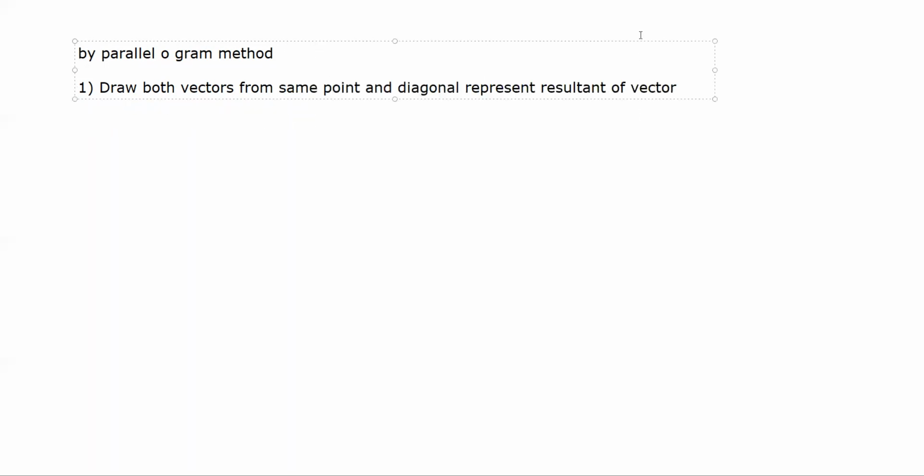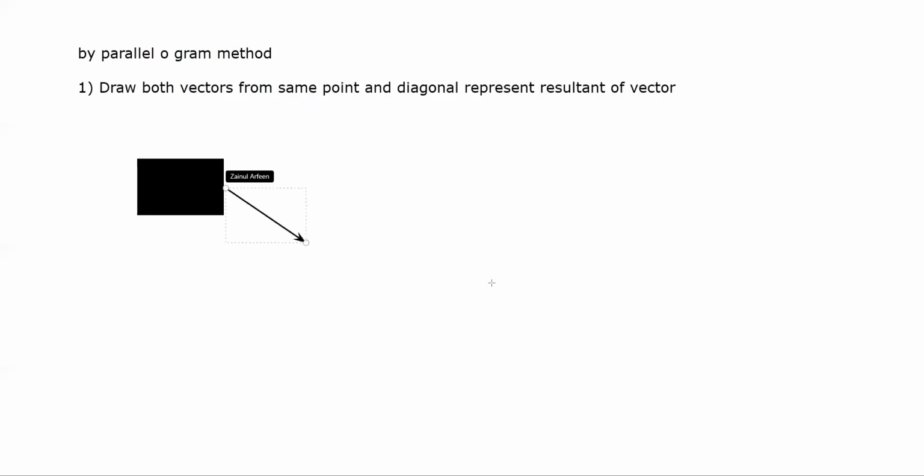So for example, say we have an object which is experiencing forces of 60 Newton and 40 Newton, with the angle between them being 30 degrees.